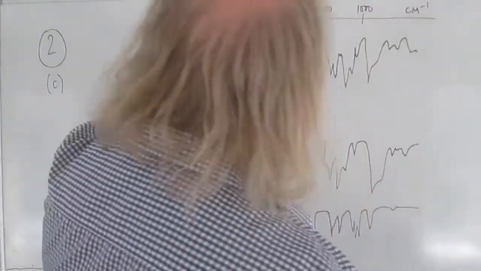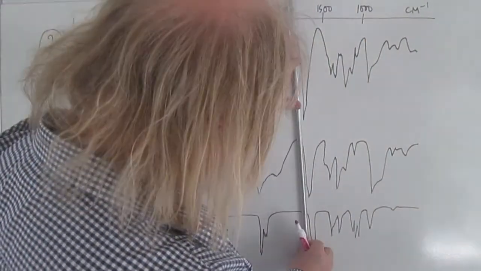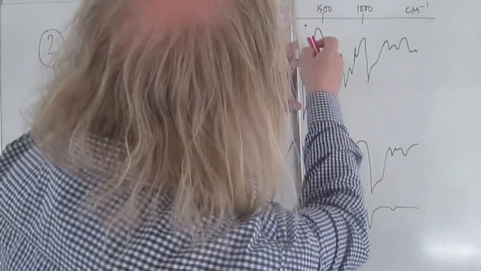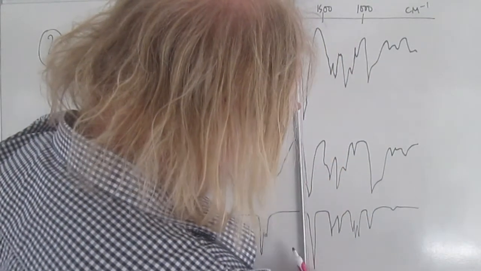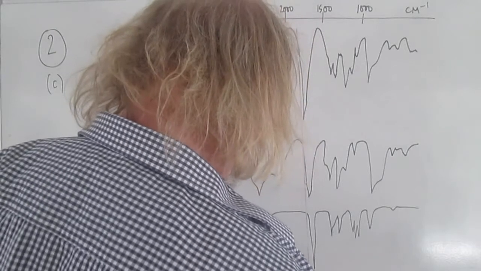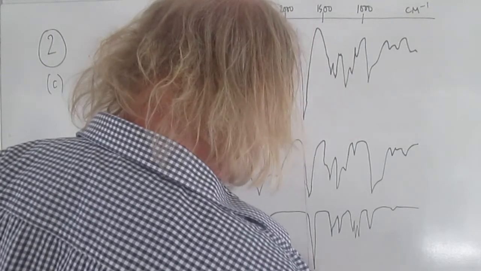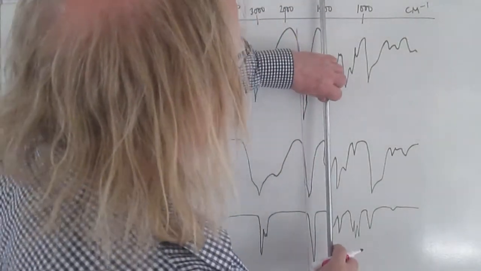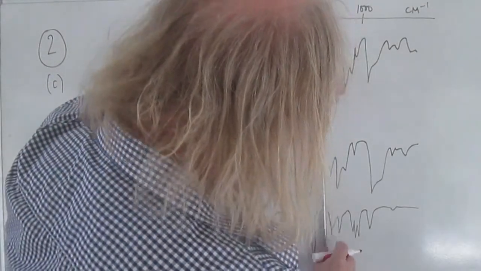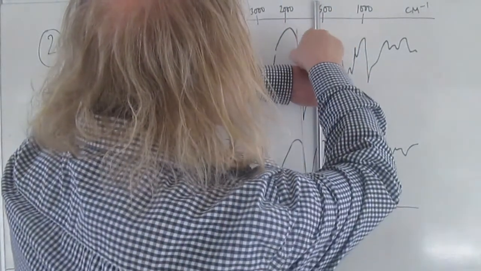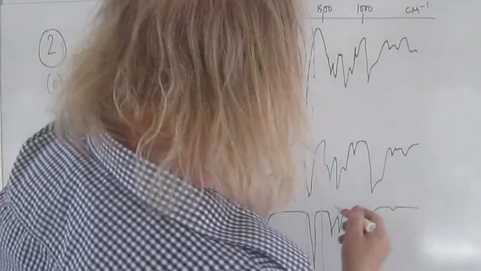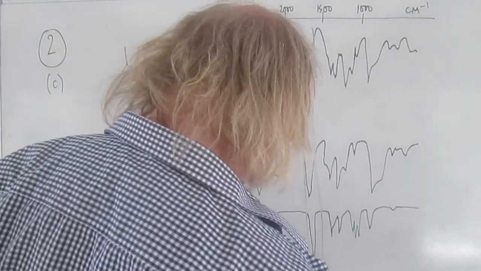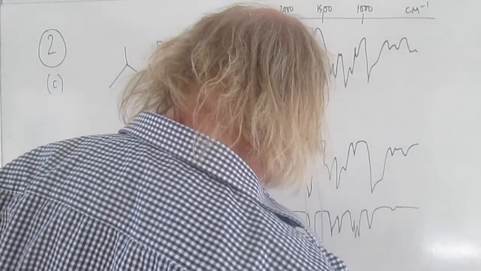But as always, you check, so you get your set square thing, and you say, right, there we go. There's 1820, and here's 1630. Okay, that's not very good, but you get the general idea. There's 1630.